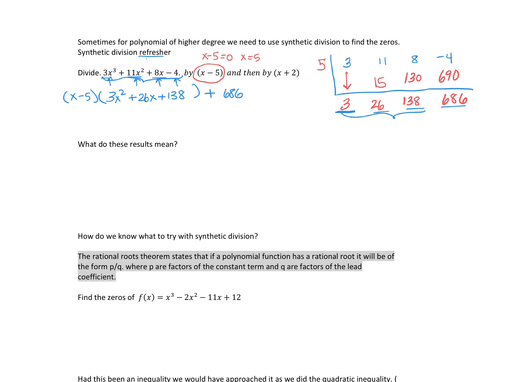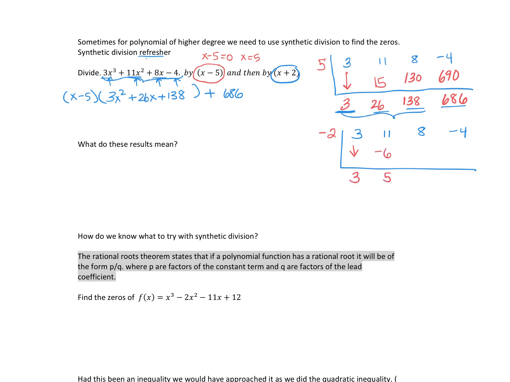If I wanted to do the same thing with 3, 11, 8, -4, and I want to divide by x plus 2, then I'm going to put a -2 out front. I'm going to bring my 3 down. -2 times 3 is -6.